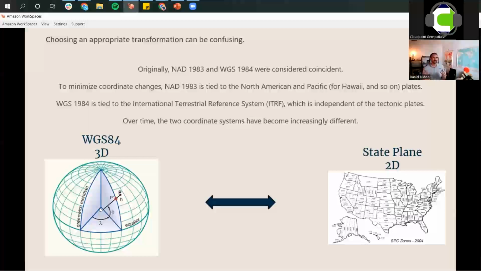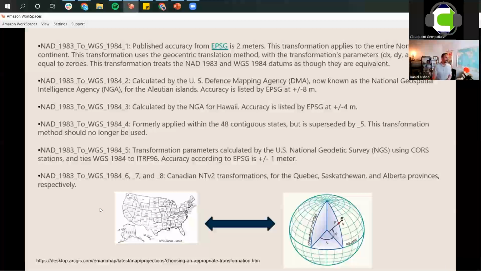So that's where converting between a two-dimensional state plane coordinate system into a WGS 84 and vice versa can be a little tricky. There is some error that can occur if we don't use the proper transformation. This is some text from ESRI itself. There are several different types of transformations that we can use to convert from this NAD 83 to WGS 84.